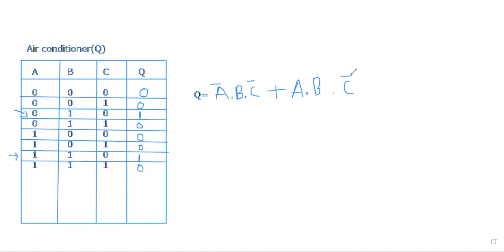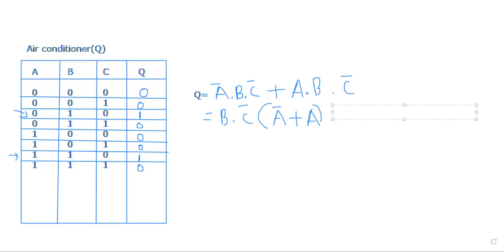So now you can simplify this. I'm going to get B dot C bar. Then when you take B dot C bar out, you get A bar plus A. So what is this law? We call this law the distributive law. You also need to write down the law because the examiner is asking for that.